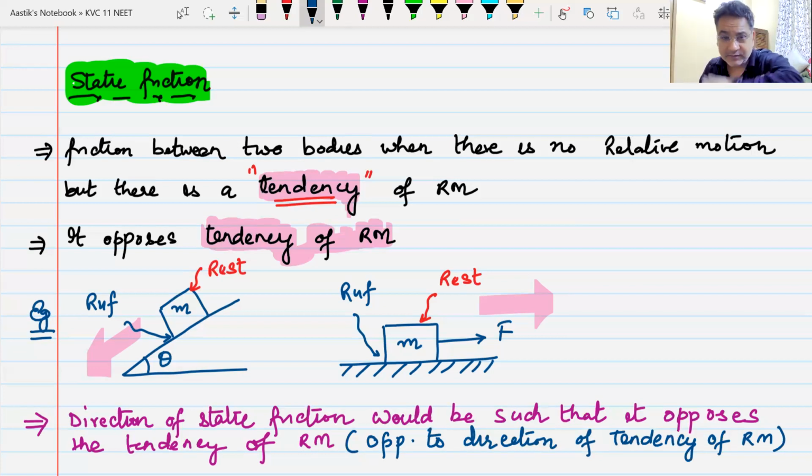Now, let us go back to that example of the inclined plane. The body wants to move down. It is not moving down. Something is stopping it. Static friction is stopping it. What will be the direction of static friction? Static friction is denoted by Fs. What would be the direction of static friction on the body which is kept on the incline? Example number 1. I'm waiting for your answers.